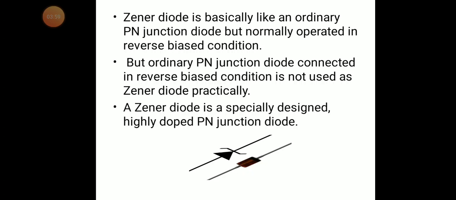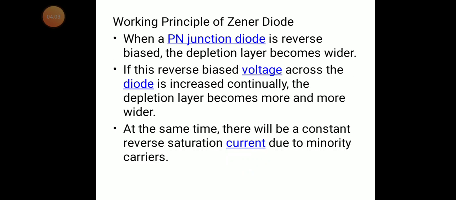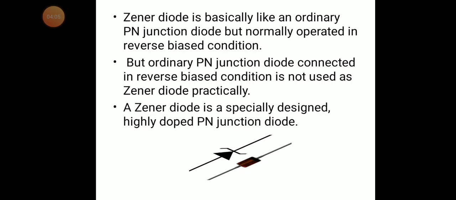Can we simply use the PN junction diode in the reverse bias as a Zener diode? No, it's not possible. A specific impurity should be added to this PN junction diode.